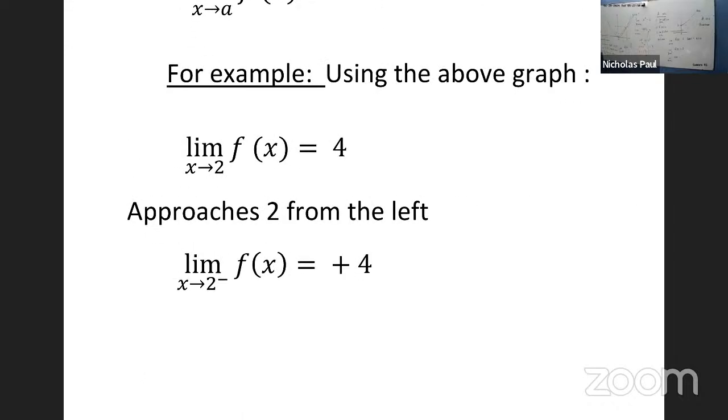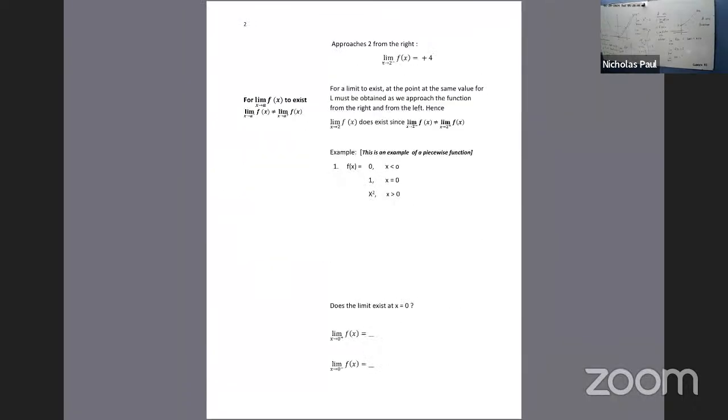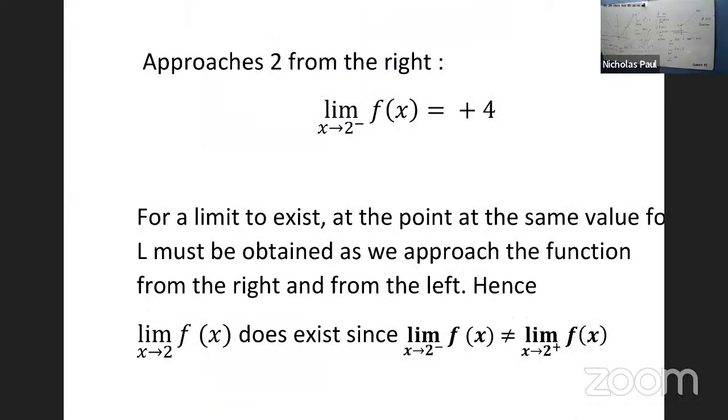Next, if you approach 2 from the left, you'll also get 4. Notice I use the right symbol. The negative sign above the 2 represents from the left. If you approach from the right, notice the typo, it should be a plus.